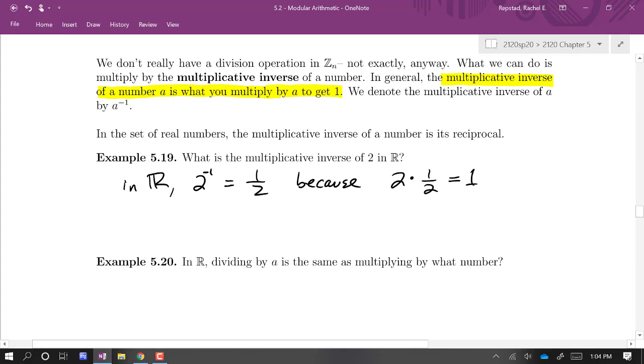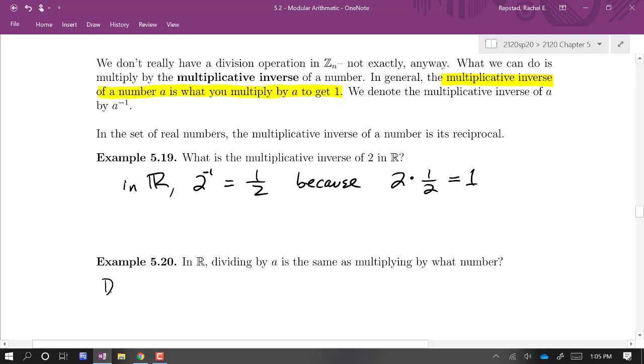we hardly have to think about it at all. If I take any real number a, as long as it's not 0, if I want to divide by a, meaning if I want to find the multiplicative inverse of a, I'm going to just take 1 divided by a, 1 over a.